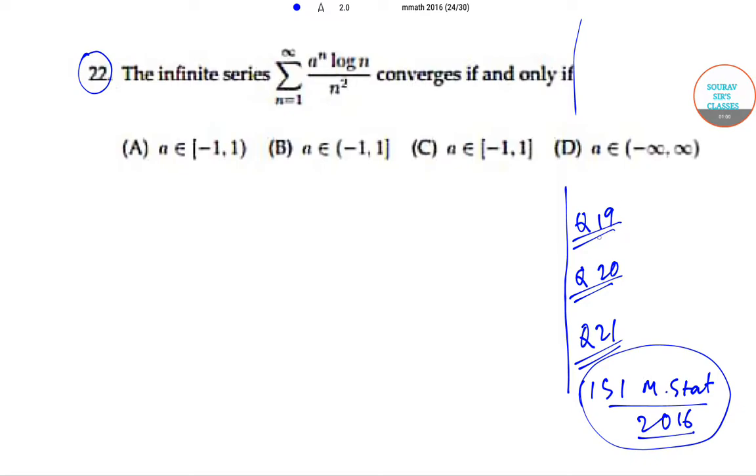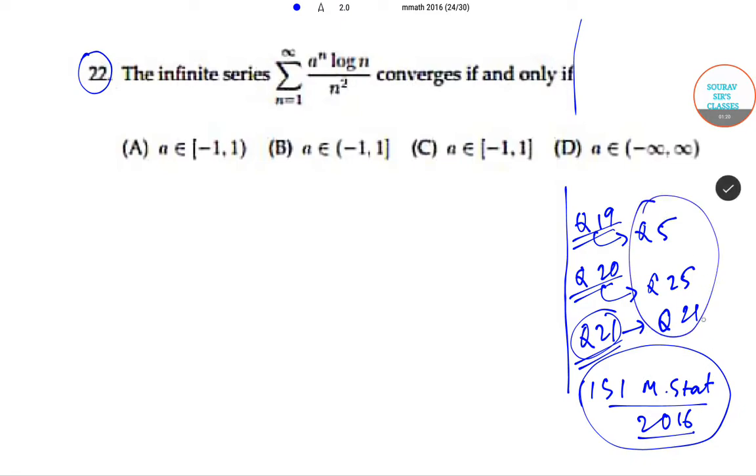For question number 19, you can see question number 5 from the ISI MStat paper. For question number 20, refer to question number 25, and for question number 21, refer to question number 21 from the ISI MStat paper of 2016.